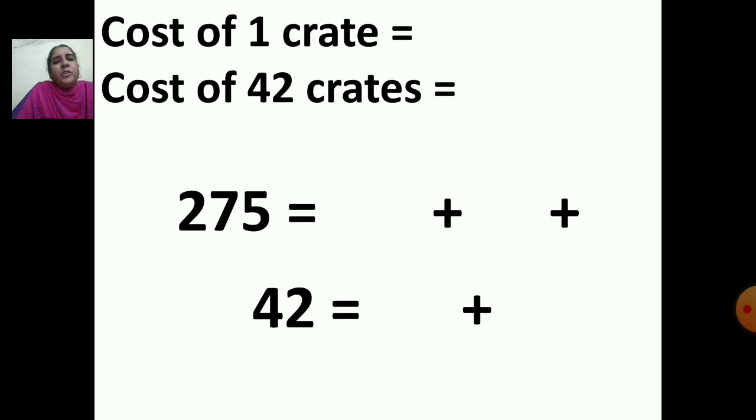Now first you have to write the statement for this sum. So what will be your first statement? Cost of one crate. So what is the answer? Cost of one crate is how much? Yes, rupees 275. Then we will write the next statement, cost of 42 crates, that we have to find out.